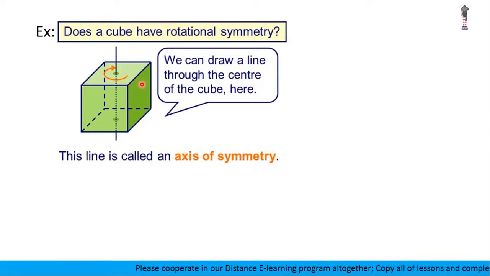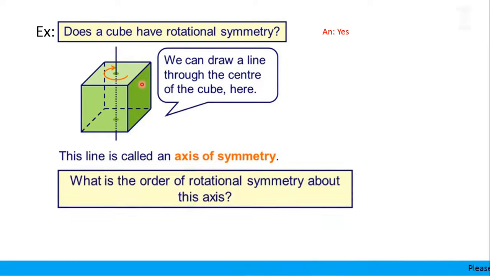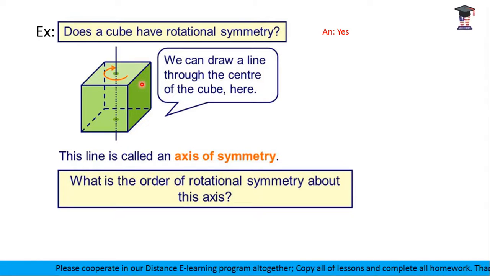We have a line of symmetry, so it has rotational symmetry. So what is the order of rotational symmetry about these axes? Can you guess? If you rotate this one around this axis, how many orders do we get?